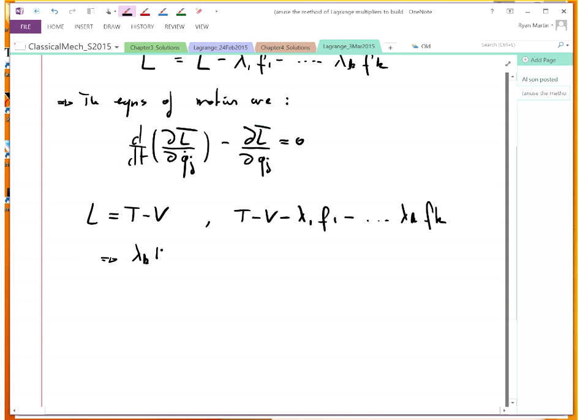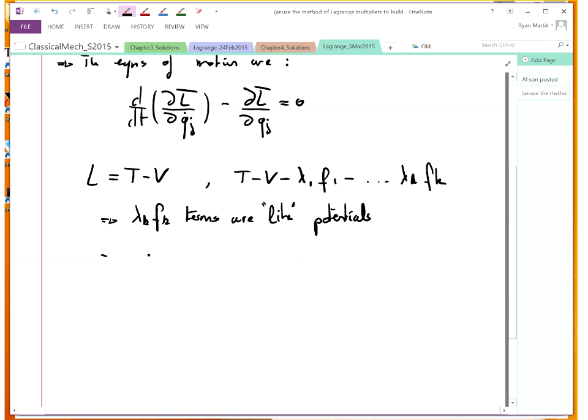These terms, the lambda k f_k terms, are like potentials. Right? In the Lagrangian, we have T minus V, and then we've also subtracted lambda 1 f_1. So I could call the lambda 1 f_1 maybe V_1. And then all I've done is really I've added more terms to V.